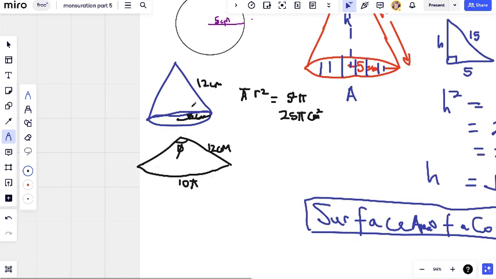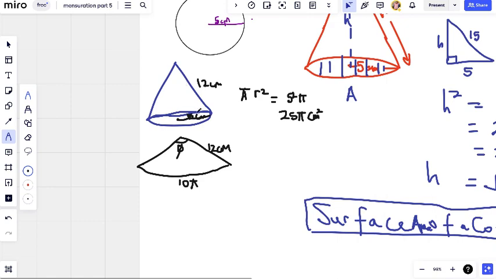To find the area of this, we have to find this angle, and to find this angle, we know the arc length. This arc length is equal to this circular part, so we use that concept to calculate the angle. Once we get the angle, we can calculate the area of this sector, which is the area of this curved body, and we add it to the area of the circle, and we get the total surface area.